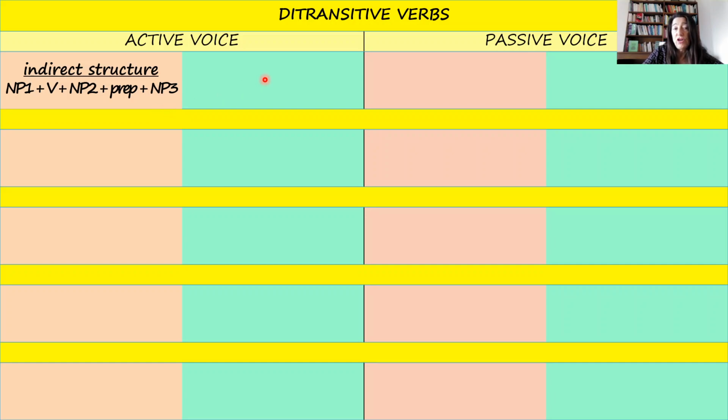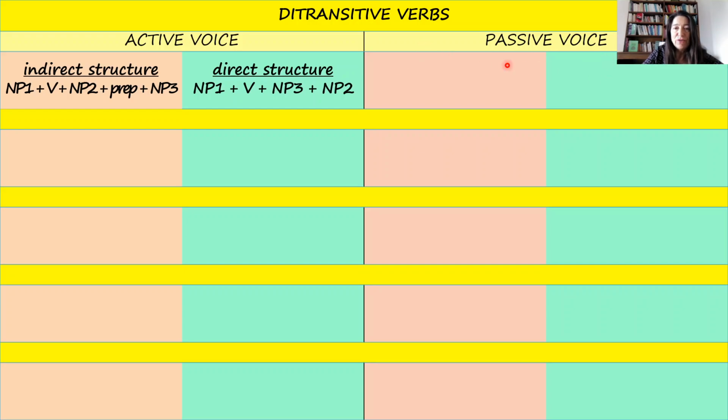The second structure that is possible in the active voice is the direct structure. So we'll find a first noun phrase and then the verb, and then noun phrase number 3 because it appeared here in that indirect structure, and noun phrase number 2. We'll have examples in just a second.